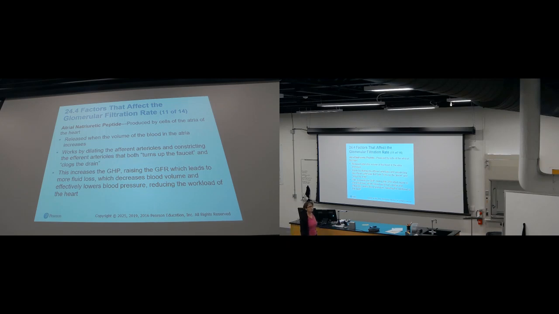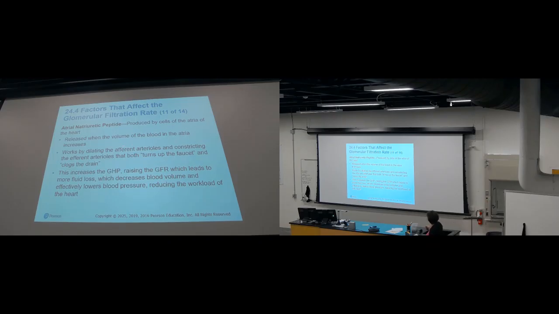And then we have ANP, atrial natriuretic peptide. It's called an atrial peptide because it's released by the wall of the right atrium. And then we have natriuresis, which is basically urinating sodium.